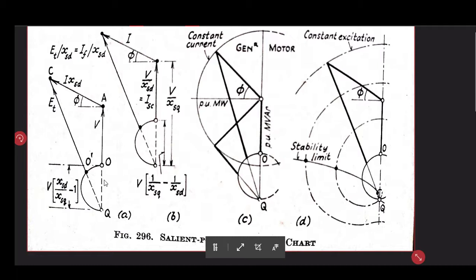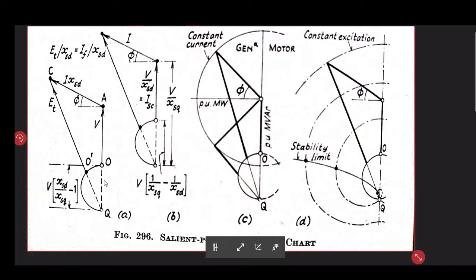And this is the amount, the minimum, that is due to the second part of our equation, which comes from the reluctance term, these two different reactances Xd and Xq.